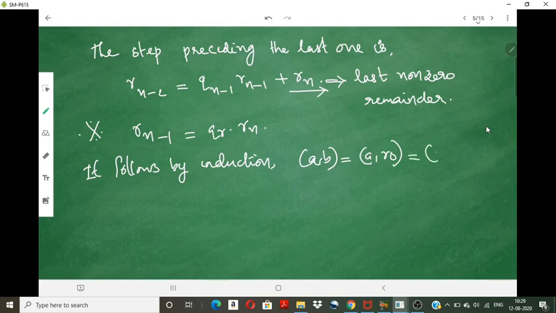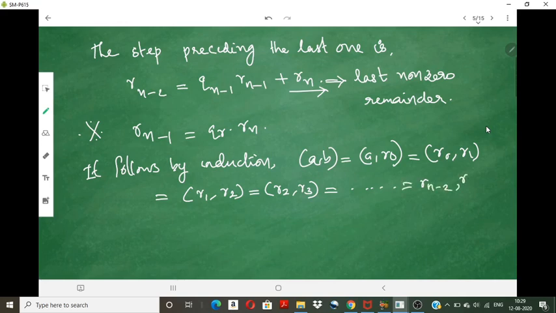This is the same, as we have proved, as R naught comma the remainder R1, which is equal to R1 comma the new remainder R2, which is equal to R2 comma R3, etc. In the last step, Rn minus 2 comma Rn minus 1, and this is equal to GCD of Rn minus 1 comma Rn.